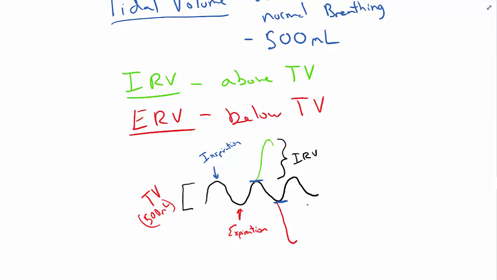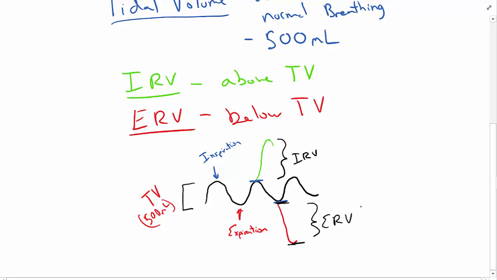This volume right here, the difference between this point and this point, would be expiratory reserve volume, because it is the volume that you can exhale that is below tidal volume. Okay, so those are some of the main volumes. There are other ones as well, but this is an intro to volume.